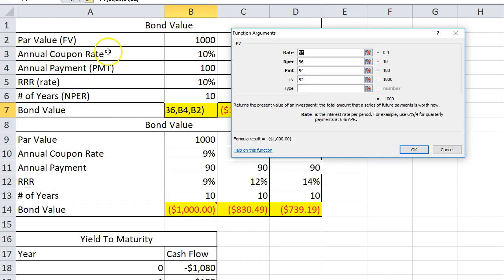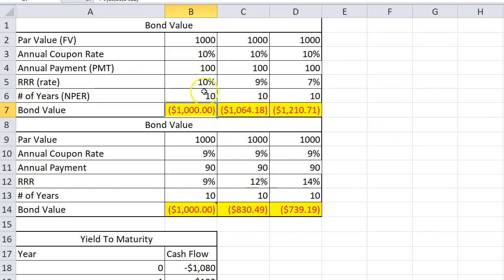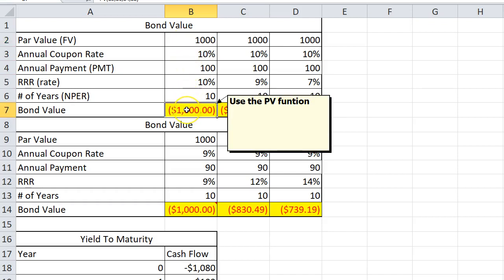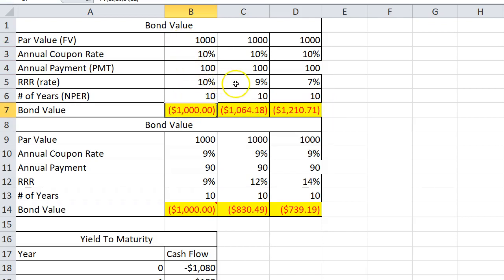The annual coupon rate is not going to be our rate. We have to use the required rate of return. If the required rate of return, which we saw from the example before, equals the annual coupon rate, the par value of the bond is going to be the current bond valuation. But if we lower the required rate of return, the bond valuation increases, meaning you're willing to pay more than $1,000 if your required rate of return is 7% and the bond coupon rate is 10%.